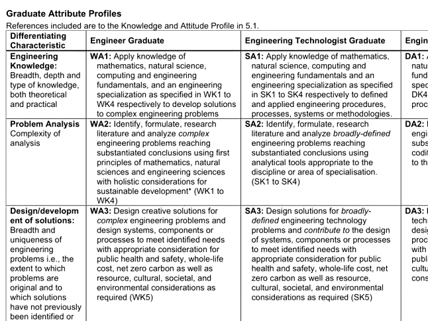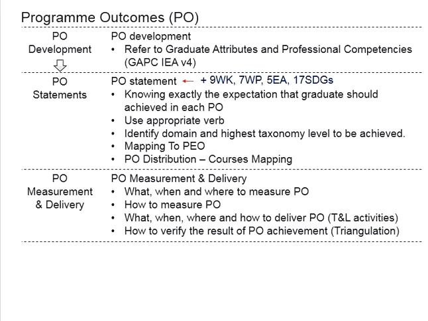They standardize everything. Since Malaysia is one of the signatory countries for the Washington Accord, we want our graduates to have the ability to compete with the engineers from the other signatory countries. Therefore, we have to make sure all the engineering programs offered meet the graduate attributes as defined by the GAPC IEA version 4.